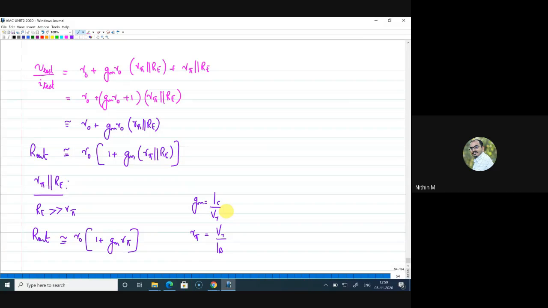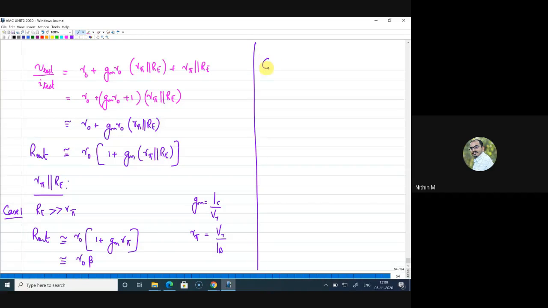Yes, it is beta. So this can be approximated as R naught into 1 plus GM R pi, which is approximately beta. So your R out is approximately equal to beta R naught if the resistance connected to the emitter is very, very large. That is case 1.